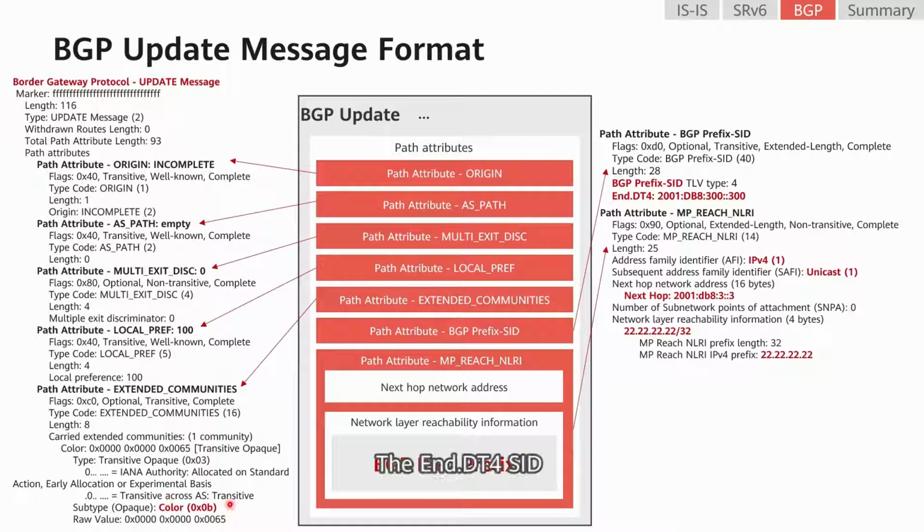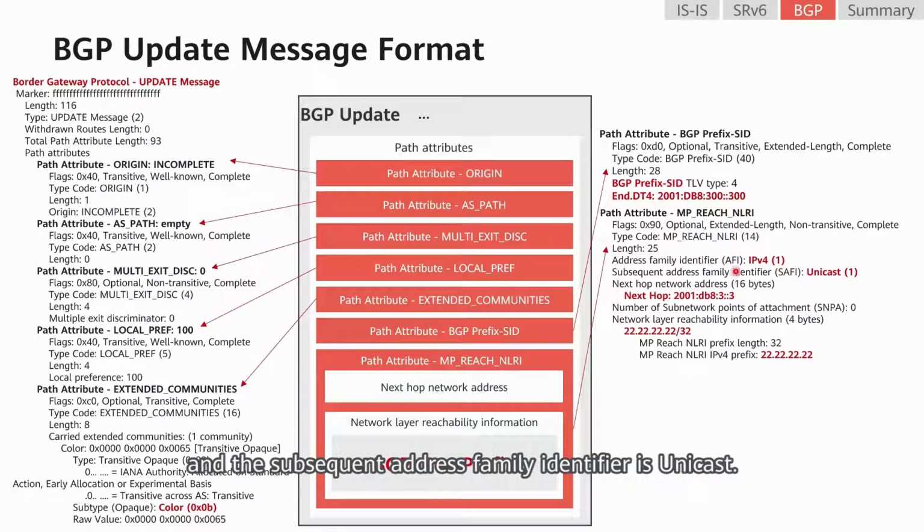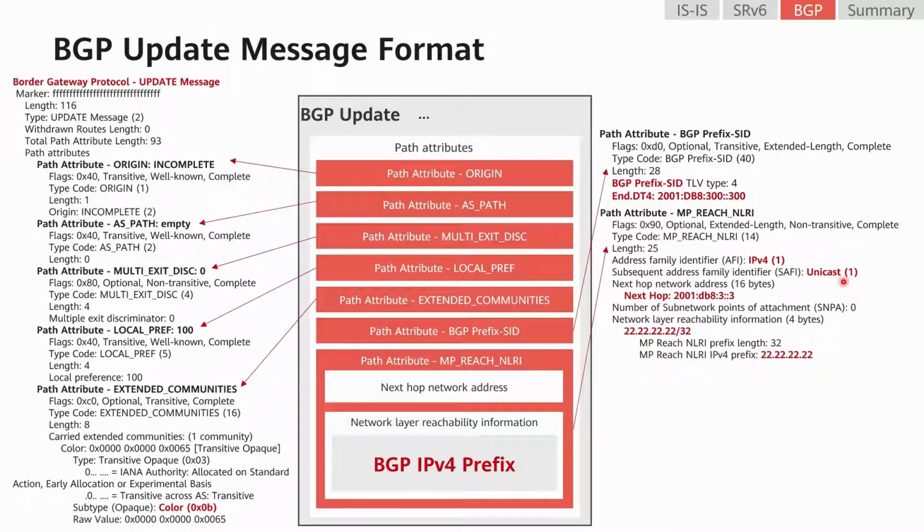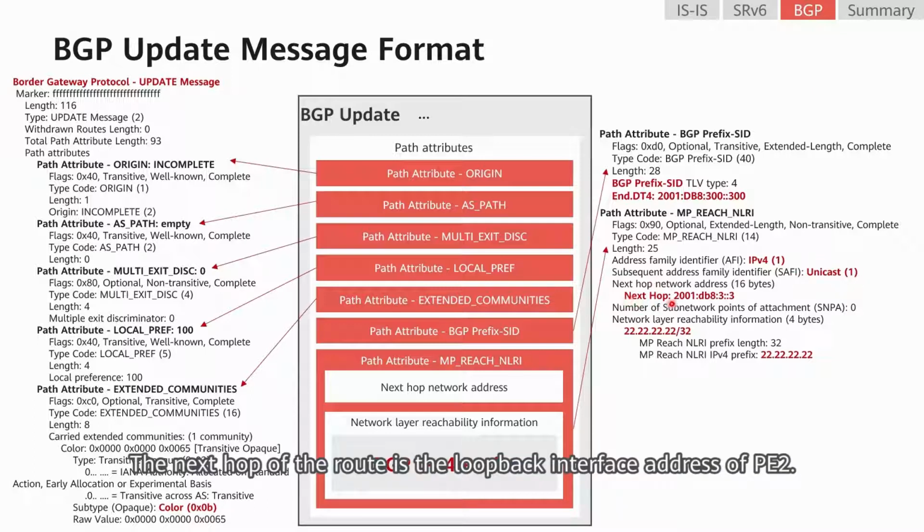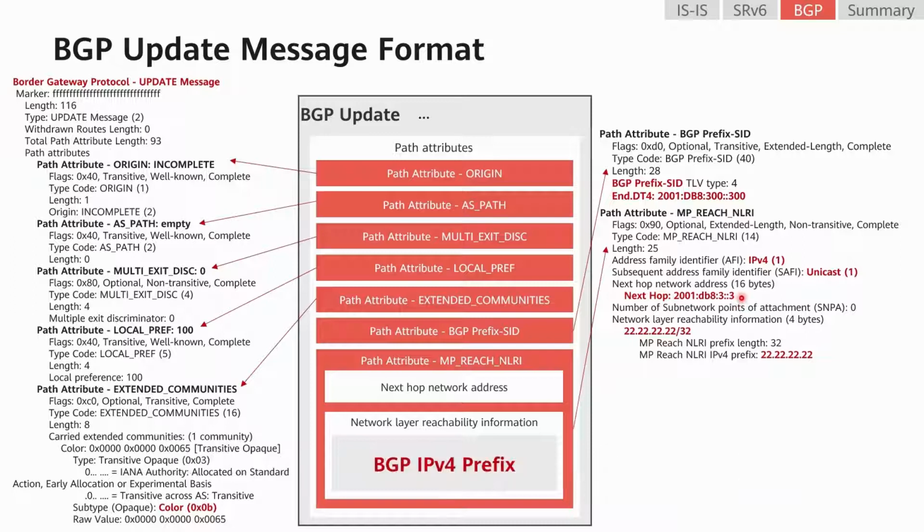The End.DT4 SID, which is configured on PE2, is carried in the prefix SID attribute. As for the NLRI, the address family identifier is IPv4, and the subsequent address family identifier is unicast. The next hop of the route is the loopback interface address of PE2. The route prefix is the route prefix sent from R2.